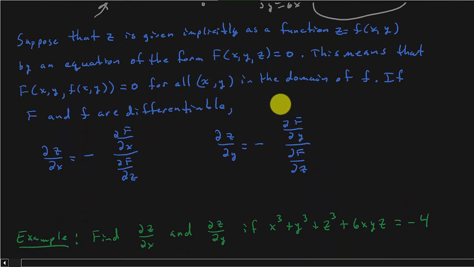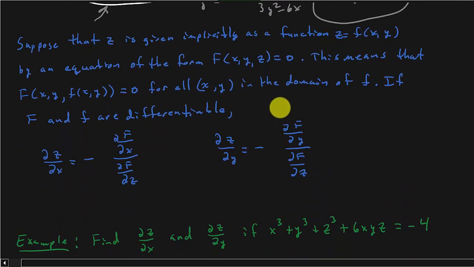All right, so let's look at this one. It says, suppose that z is given implicitly as a function z equals f of x, y by an equation of the form F of x, y, z equals 0. This means that F of x, y, f of x, y equals 0 for all x, y in the domain of f.